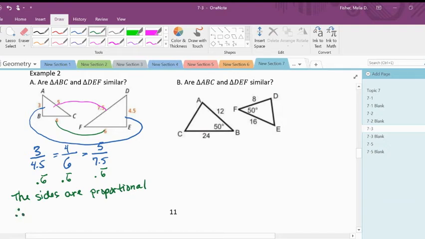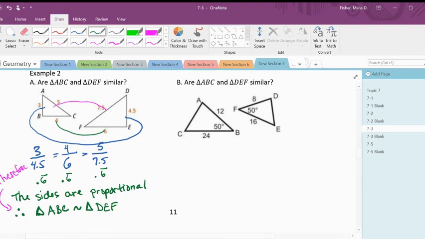Therefore, here we go, this little symbol right here, those 3 little dots, means therefore, triangle ABC is similar to triangle DEF. So this is our similarity statement.